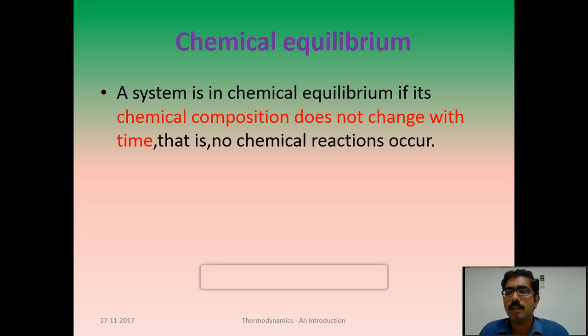So thermal equilibrium means temperature should be uniform, mechanical equilibrium means pressure should be uniform, and chemical equilibrium means the chemical composition should not change. Obviously there should be no chemical reactions. Okay, so if these equilibria exist in the system, then we can call it thermodynamic equilibrium.